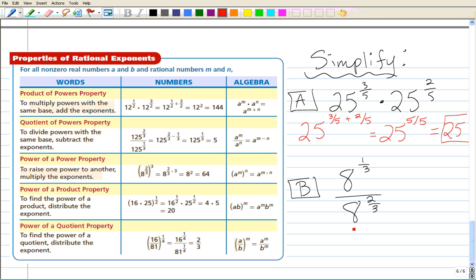And then for example B, we're dividing, and here we have like bases. So when we're dividing like bases, you subtract the exponents. So we'll have 8 to the 1/3 minus 2/3. That is equal to 8 to the negative 1/3.